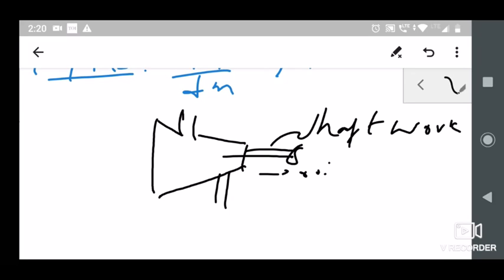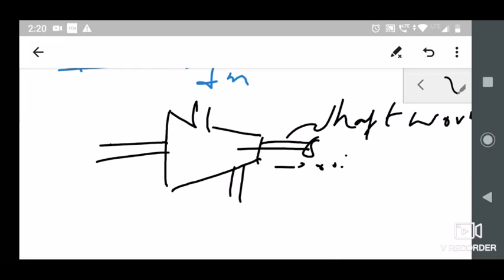Shaft work at the end, and these are the properties in and the properties out. So this is a sketch for the turbine which is running.